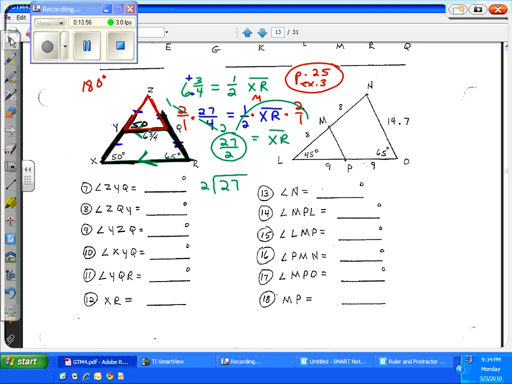We could divide and get a mixed numeral, or we could get the decimal 13.5. Any questions on that? And we'll leave that next picture worth of problems to you.